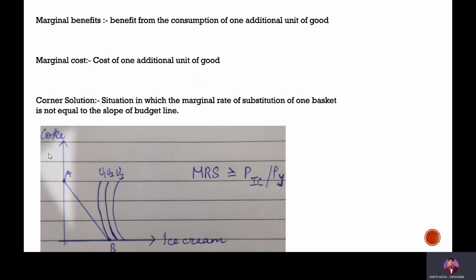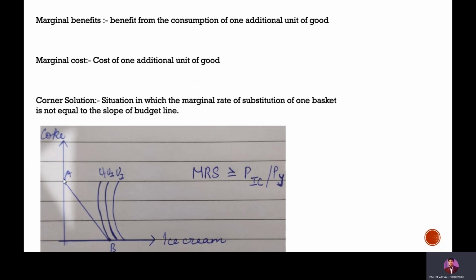Here I have taken two goods, Coke and ice cream. Suppose you are going to purchase Coke or ice cream, but you don't like Cokes at all. So you go for ice creams and you don't purchase even a single Coke.